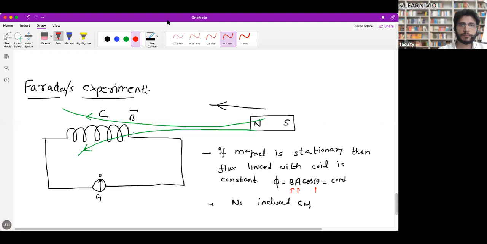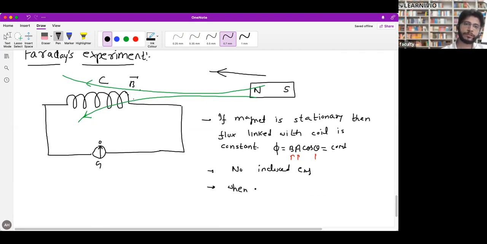Magnetic field will change. Very good. Can you decide when we take the magnet towards the coil, then magnetic field will increase or it will decrease? If you're bringing a magnet close to yourself, what happens with the strength of the magnetic field? It will increase because it will attract more. Yeah, it will increase, right?